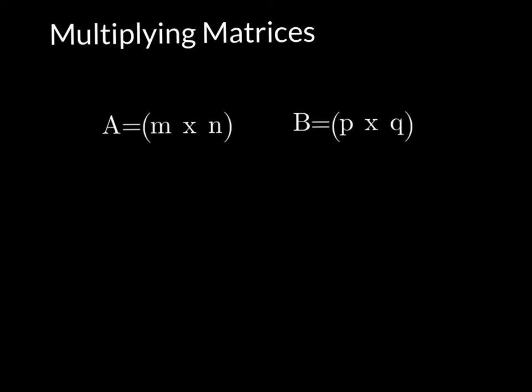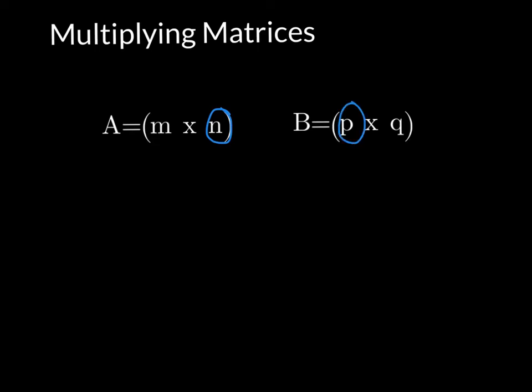The first thing to note about multiplying matrices together is that we can only multiply two matrices together where the number of columns in the first matrix is equal to the number of rows in the second matrix. So for example, matrix A here has m rows and n columns, and matrix B has p rows and q columns.